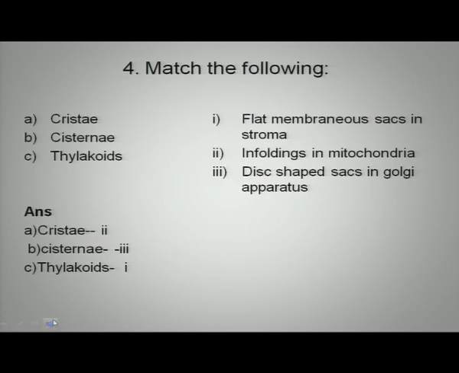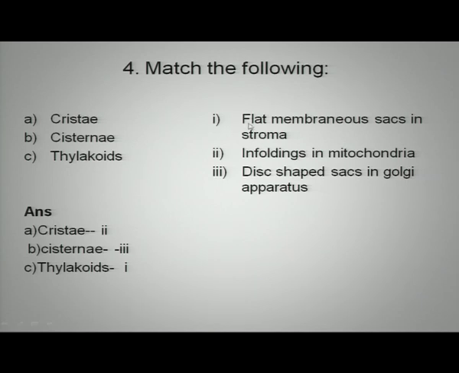Coming to the fourth question, match the following. You have to match the items present in column A with the items present in column B. In column A, the options are: A. Cristae, B. Cisternae and C. Thylakoids.